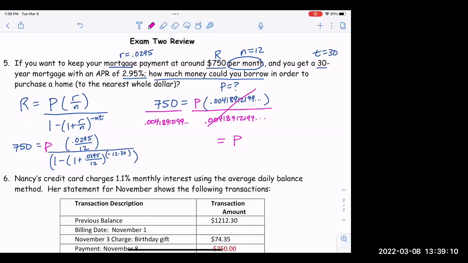One way you can do that is just the way I've shown it here, write down as many decimals as it gives you, and then divide 750 by all of those decimals. If you write down all the decimals, then theoretically you should not have rounding error.